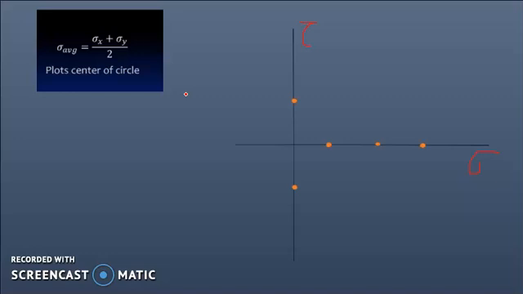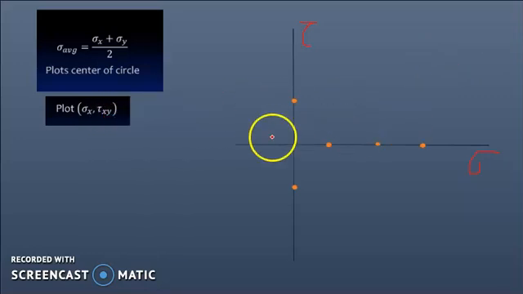So the procedure for drawing the Mohr circle for this type of condition is, first we mark the center point, then we go for plotting the point sigma x comma tau xy. Sigma x is here and tau xy is over here. If you plot this, we'll be getting a dot. So this is the center point, and this is one end of the diameter.